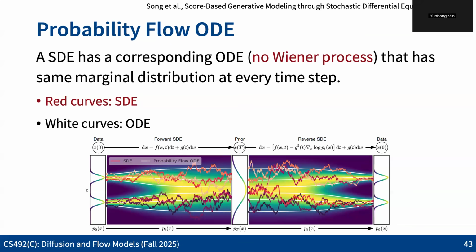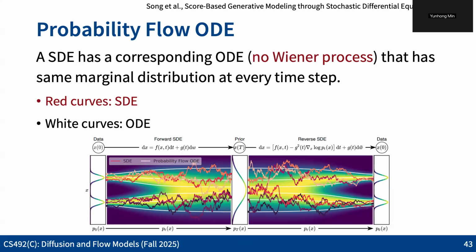The question is whether there would be an ODE formulation without the stochasticity, which has the same mapping. So not exactly mapping this to the same point, but mapping the whole distribution here into the same distribution here. That's what you want to do, right?